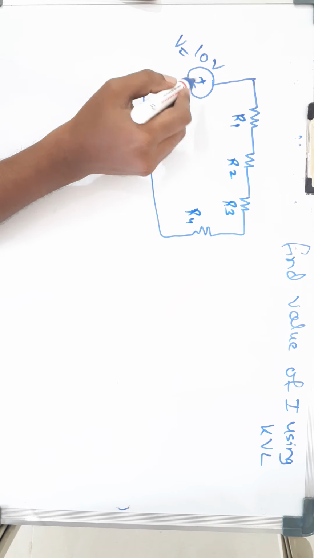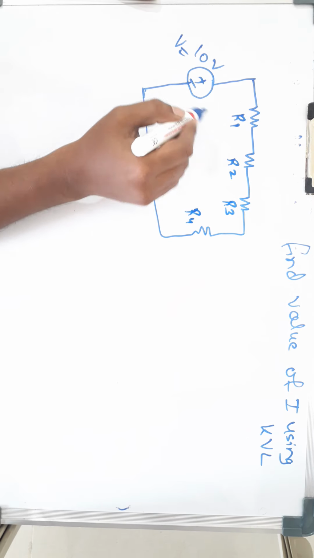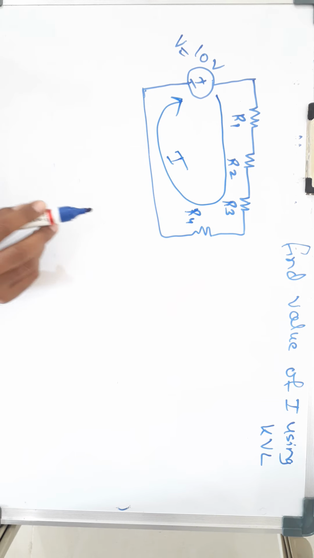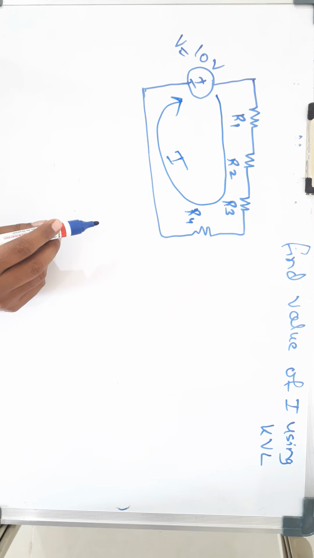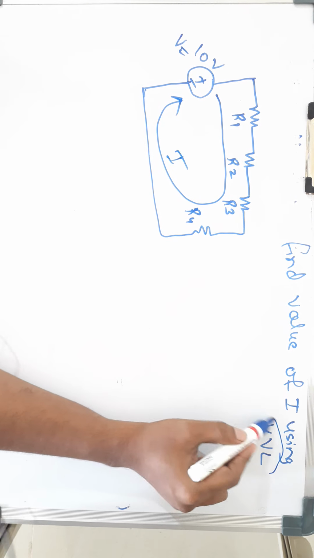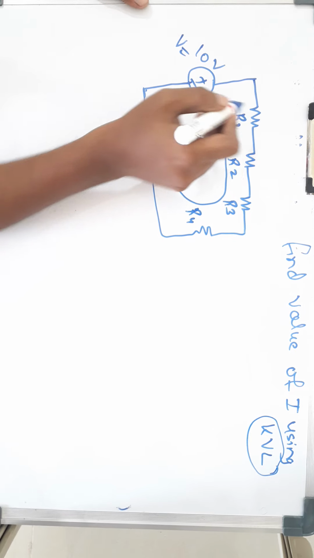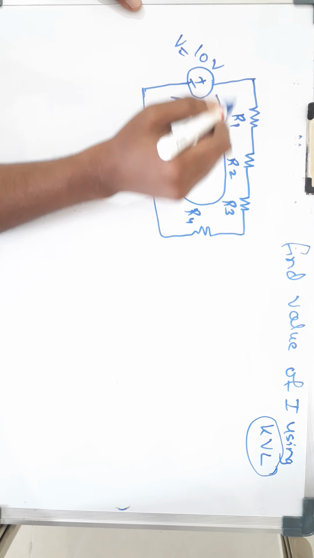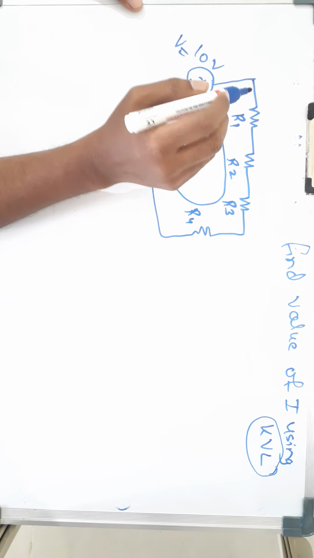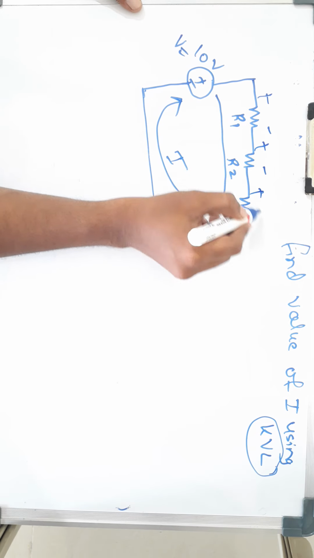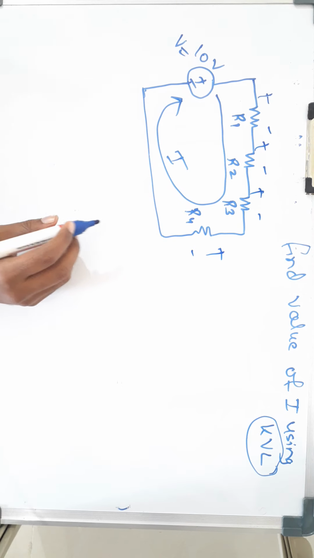Current will be flowing from plus to minus, so I will mark this as I. KVL will always work on a closed loop, not on open loops. I will mark the polarity: plus minus, plus minus, plus minus, plus minus.